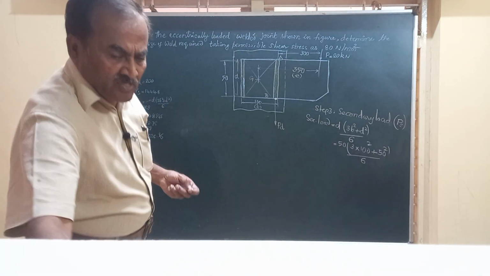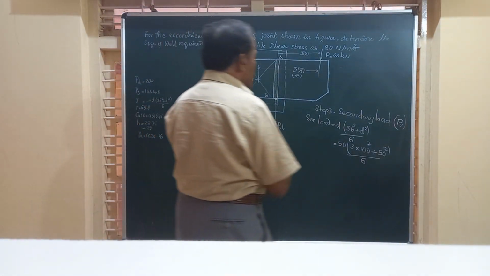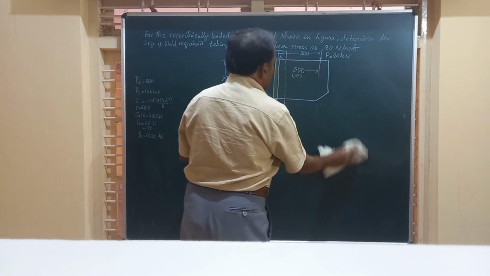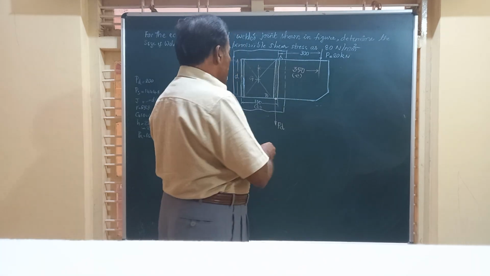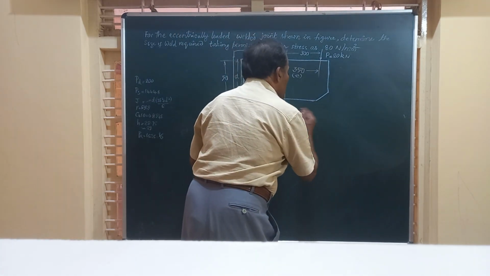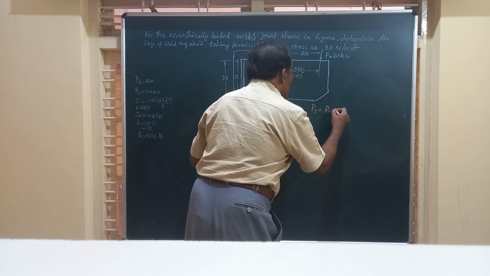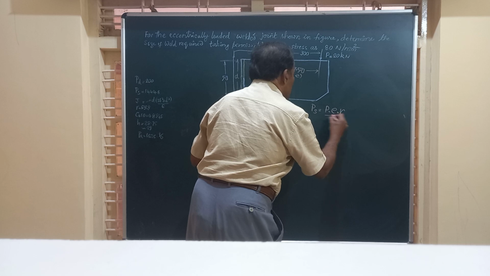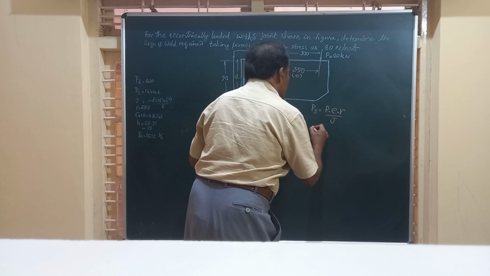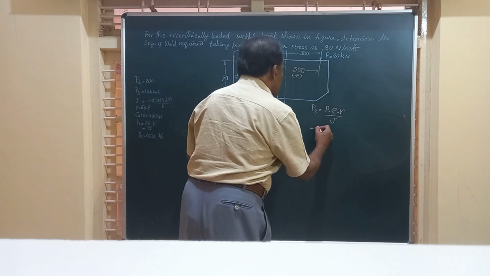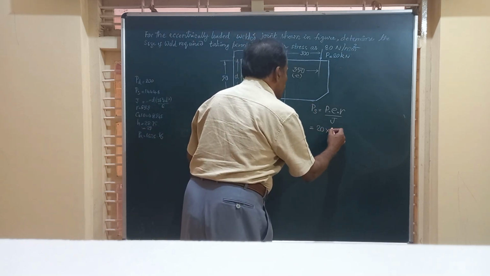Friends, now we have the formula to find the secondary load, and that is given by P secondary equal to PER by J. P is the total load acting, that is 20 kilonewton, 20 into 10 to the power of 3 Newton.